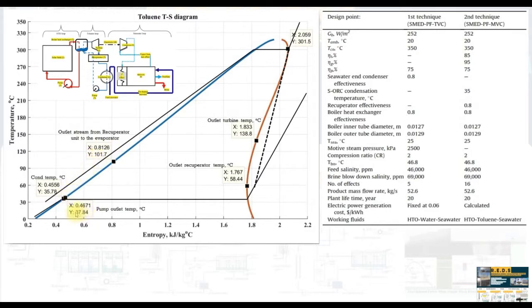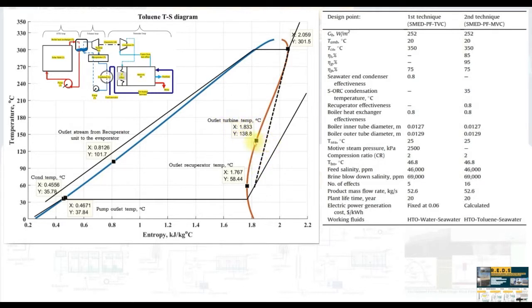So we are going to raise the temperature of the pump outlet stream from 37, 38 up to 100. It will preserve much energy. Therefore, this is the outlet turbine unit condition, around 300 for the turbine. And this is 138, the outlet turbine condition.